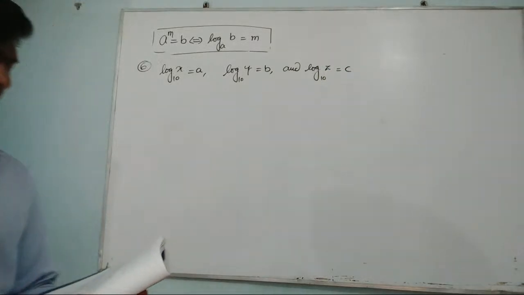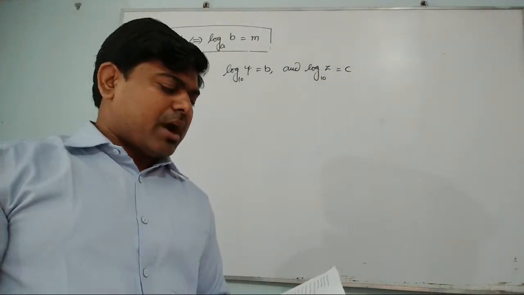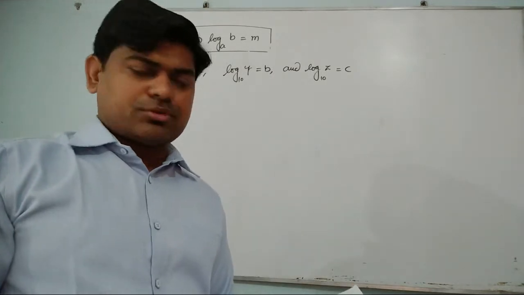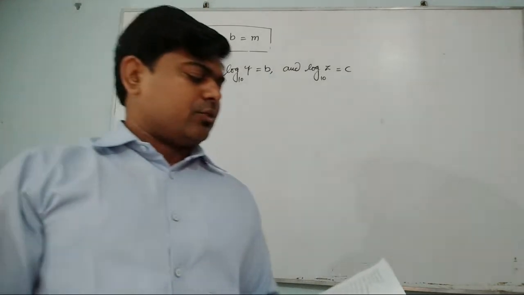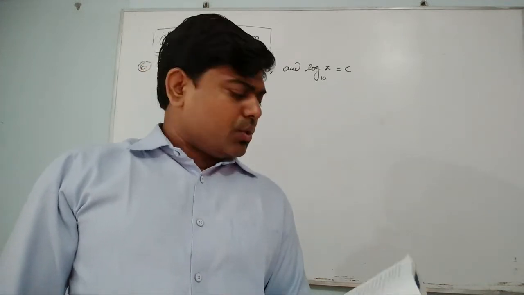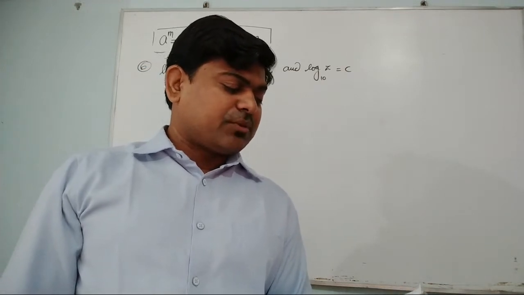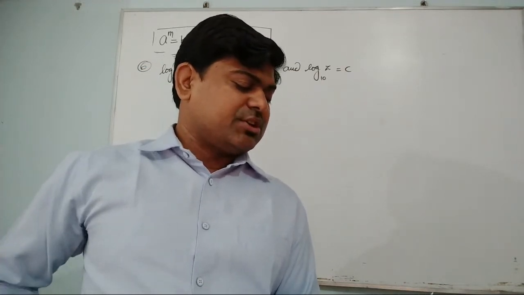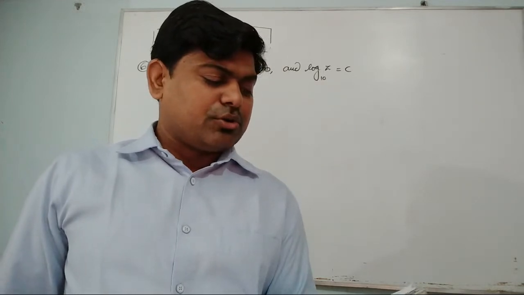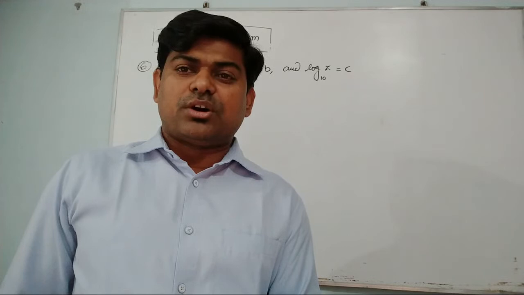These things have been given. We have to write the value of 10 to the power 2a minus 3 in terms of x, the first part of the question. We have to write 10 to the power 3b minus 1 in terms of y, the second part. We have one more expression: if log p base 10 is equal to (2a plus b) upon 2 minus 3c, express p in terms of x, y and z.